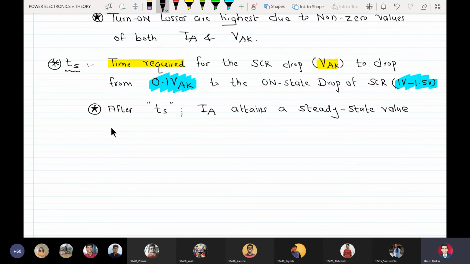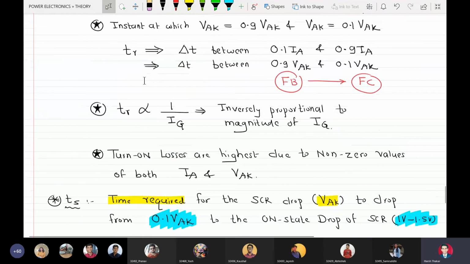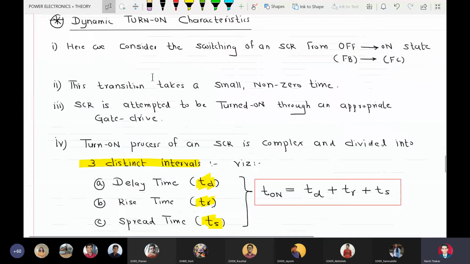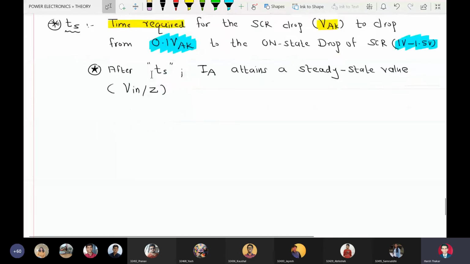When we say steady state value, it is nothing but V in upon Z, which is attained after the turn on time, or specifically after the spread time interval in the turn on process.